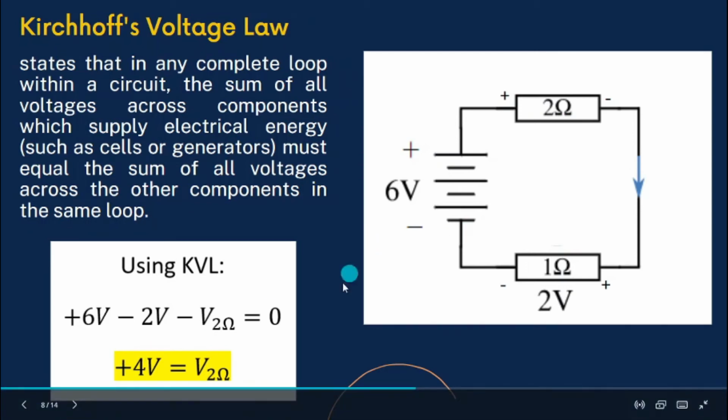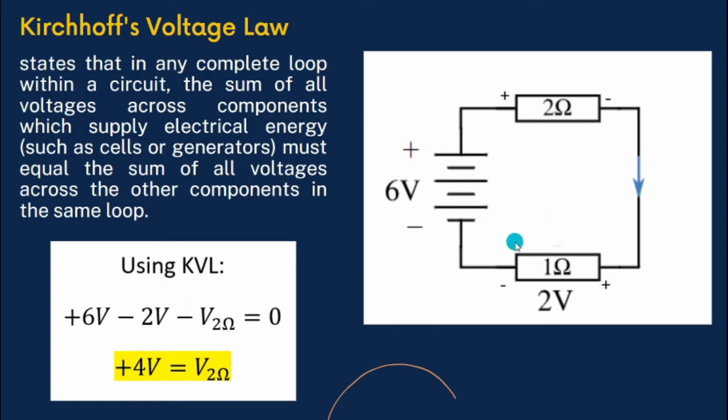Kailangan mag-equal. In this case, using KVL, so using the electron flow of current. Coming from here, the flow of current will be from the negative pabalik sa positive ng battery. So this is counterclockwise.